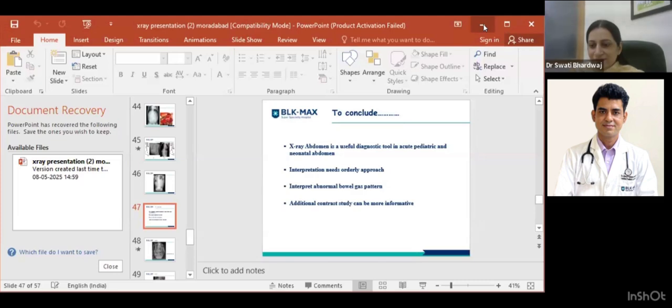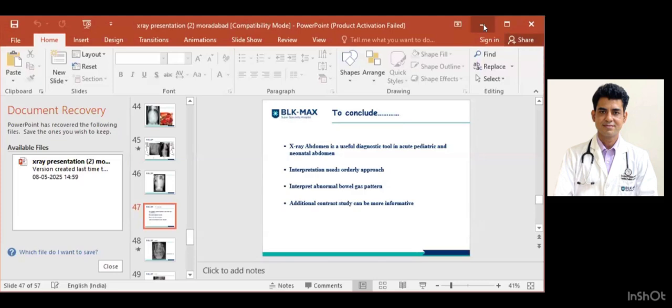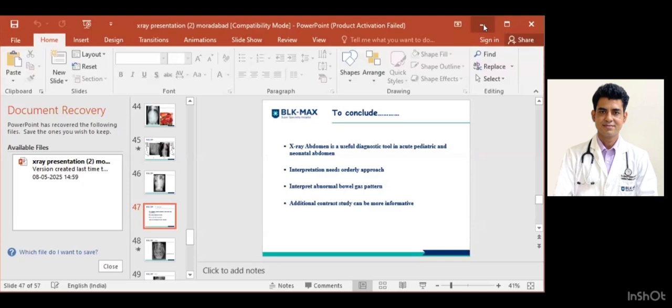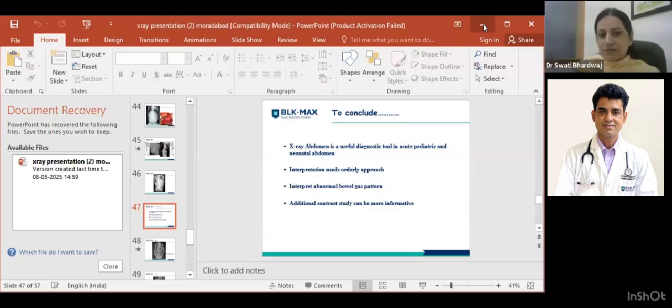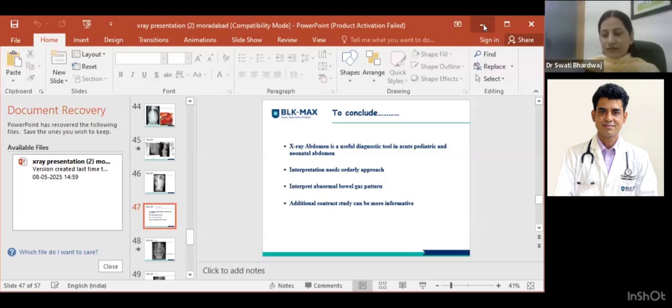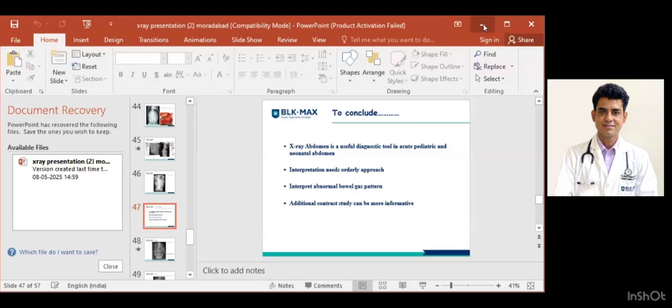The only thing is, when you are looking at an X-ray, just as you look at an ECG, it is always better to look at it in a proper sequential manner. It is useful to look organ wise, quadrant wise, and sometimes look at the foreign bodies.